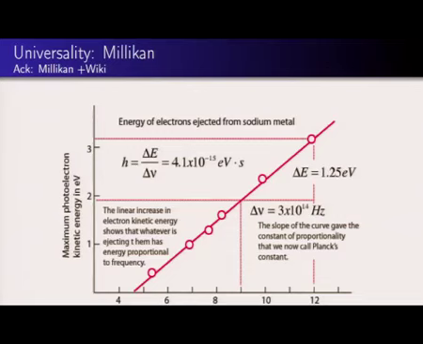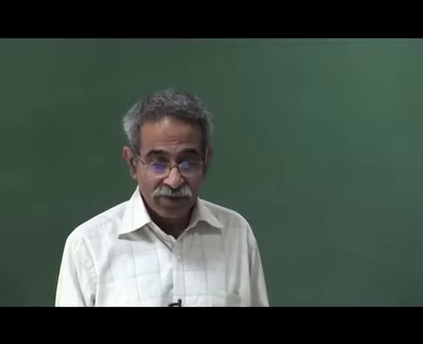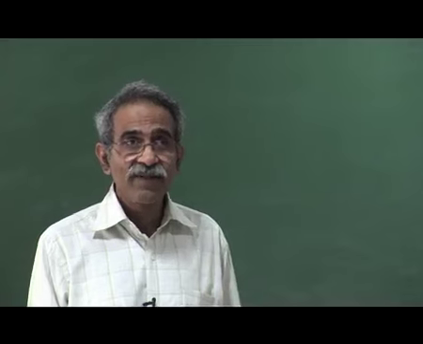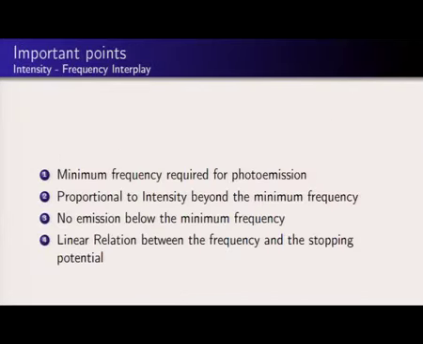However, if I go back and look at this great experimental diagram, my x-axis is actually the frequency, and you see less than 4.5 electron volts in this particular diagram, there is no emission. You can keep on increasing the intensity, there is no emission. Therefore, we are in for trouble. We are not able to understand this very elegant, very simple, beautiful figure from the classical theory of electrodynamics.